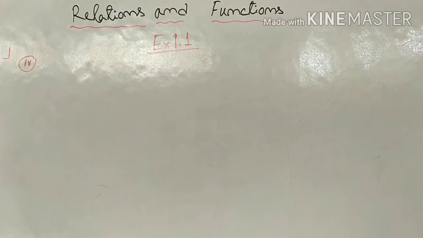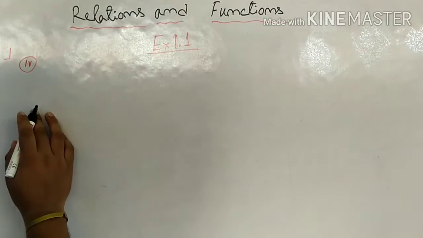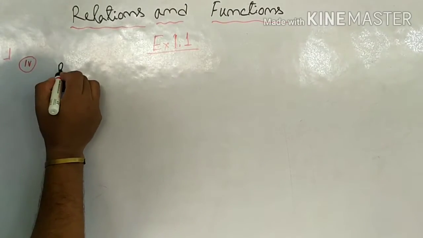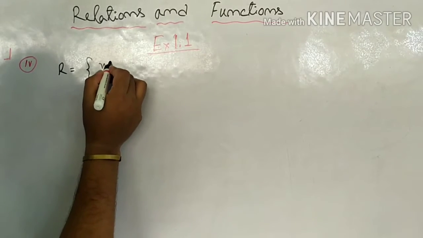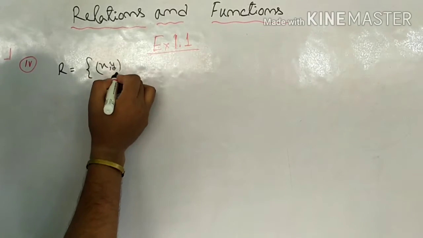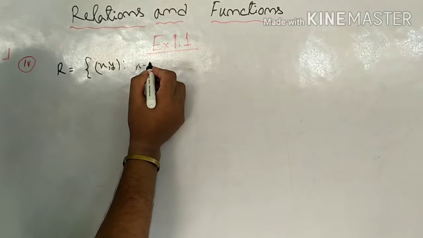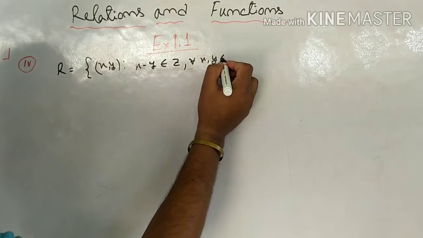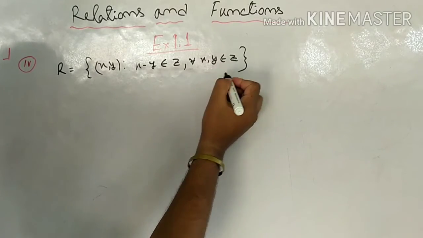Now question number 4: Relation R in the set Z of all integers is defined as R = {(x, y) such that x minus y is an integer}. So R = {(x, y) such that x - y belongs to Z for all x, y belonging to Z}.